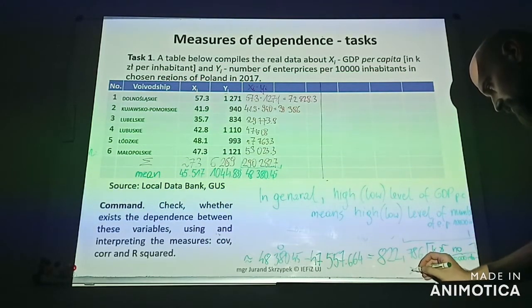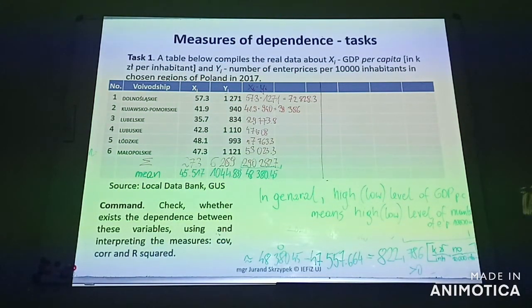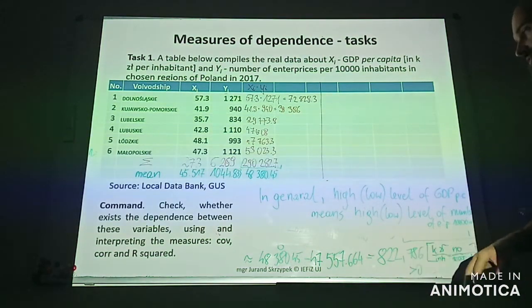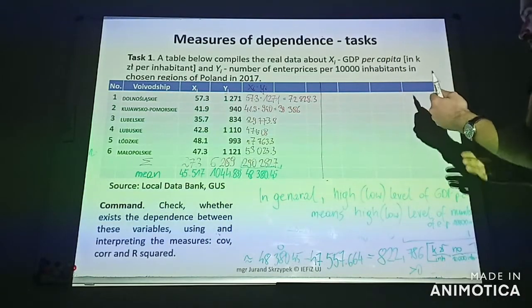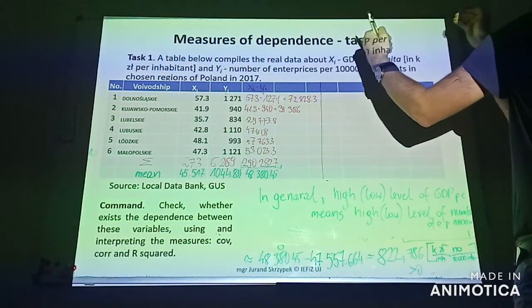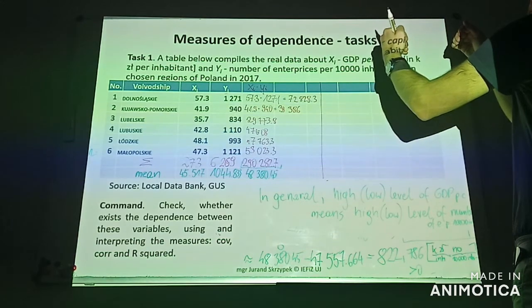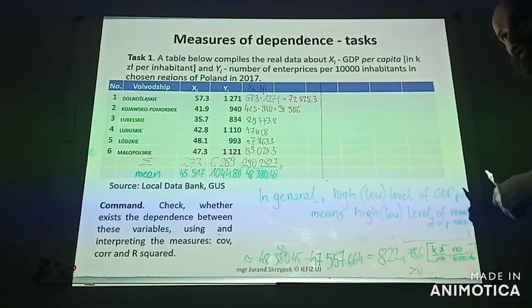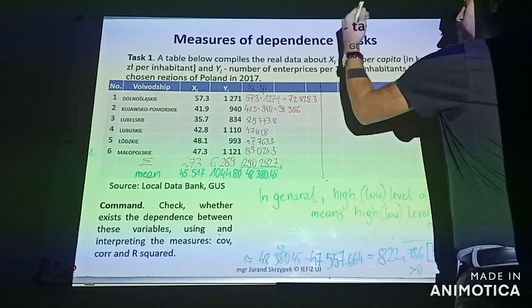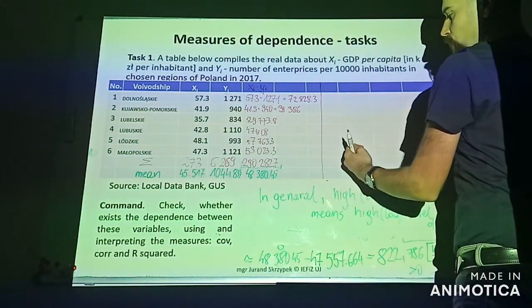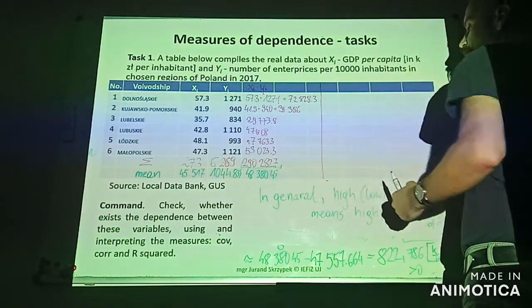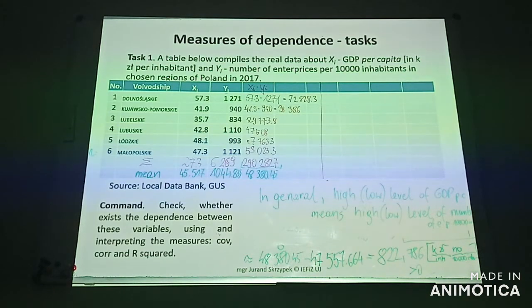Because covariance is positive, here we have indicated the direction of this relationship. The direction is positive. This is a positive number. So it means that if we observe a high level of GDP, we simultaneously, in general, of course, observe a high level of the number of enterprises per 10,000 inhabitants. In other words, if we observe a low level of GDP, we also observe a low level of number of enterprises per 10,000 inhabitants.